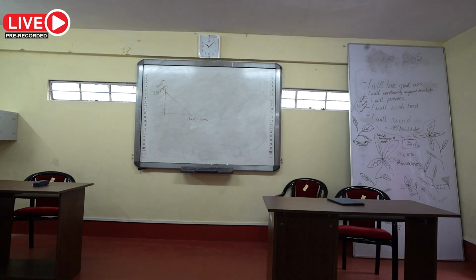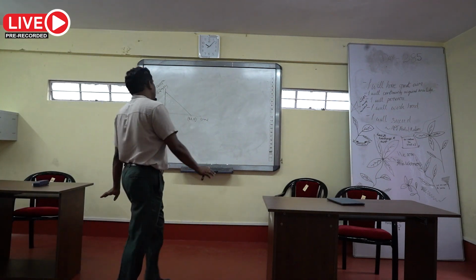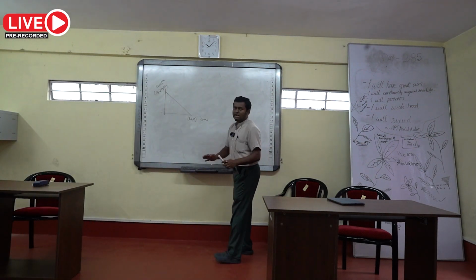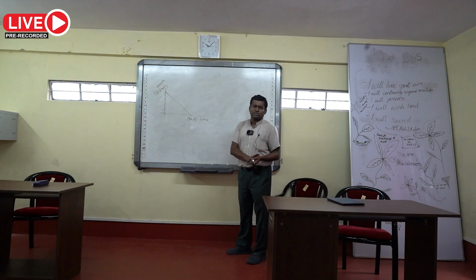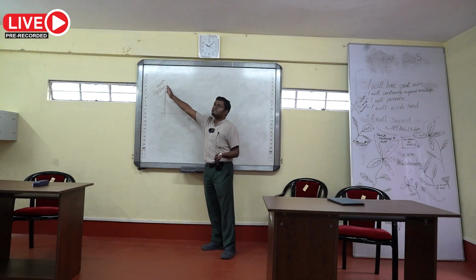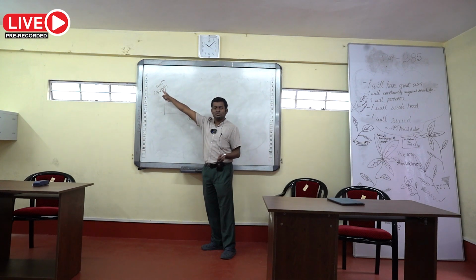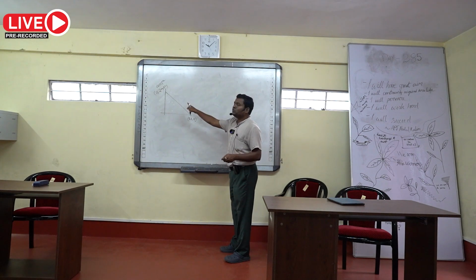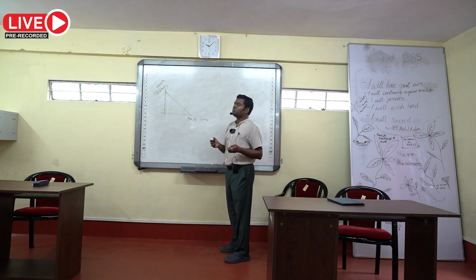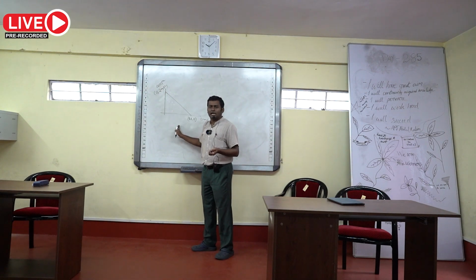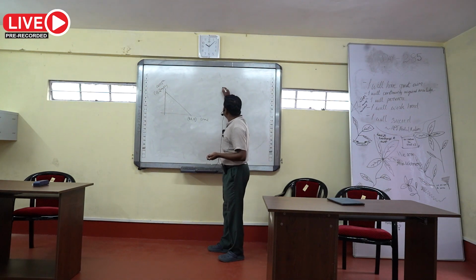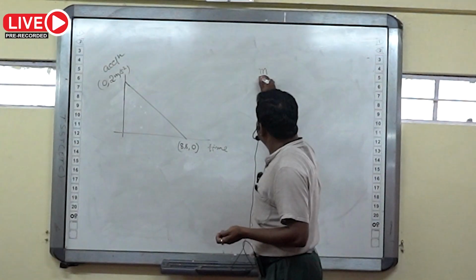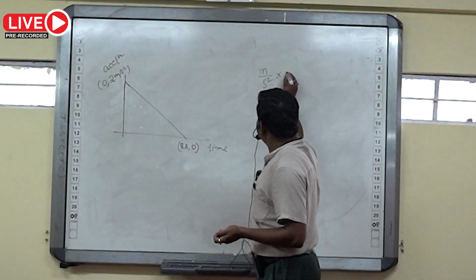Now, you can have a very easy idea why it is representing velocity and why the second one is representing displacement. This side is acceleration. On this side I plot time. If you find the area, then you have to multiply acceleration and time. Acceleration has a unit meter per second square. Time has a unit second.